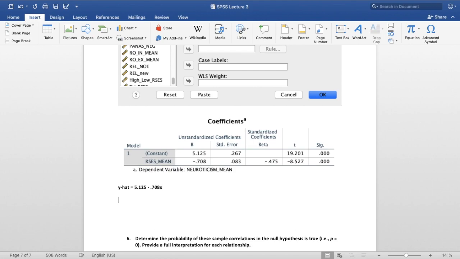Okay, so there you go. That's our little regression equation. If you need a little refresher, go back to the regression lecture.